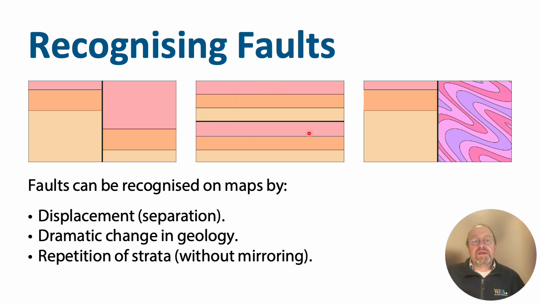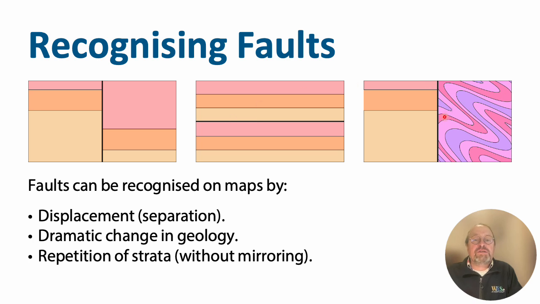This middle example is slightly trickier. What we're seeing here is a repetition of the stratigraphy. The pink, orange, buff color is repeated across the fault. Normally you wouldn't see that. Usually you just go up and down the stratigraphy. You don't see a repeat. So that's also an indication that you have a fault in here, probably a thrust fault.